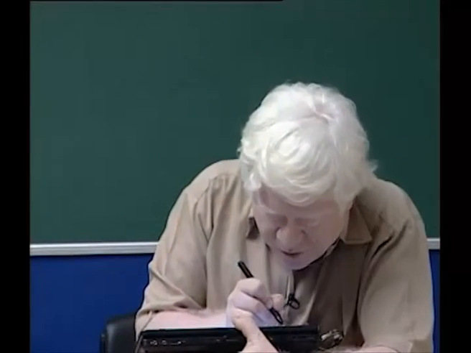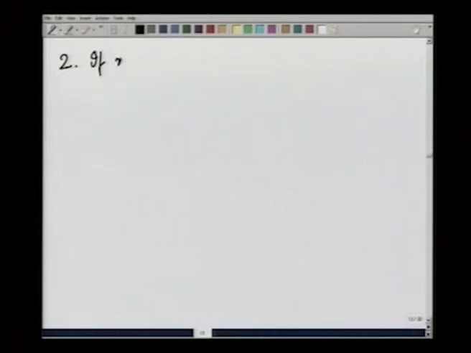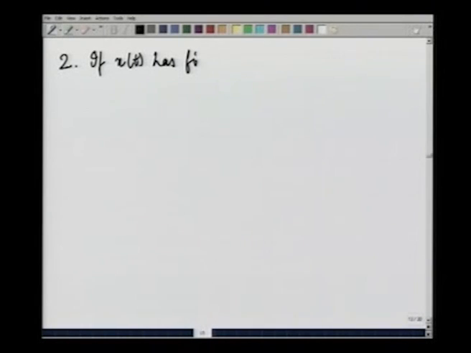These signals are called finite energy signals. So, if x(t) has finite energy, that is to say integral minus infinity to infinity of mod x(t) squared dt is finite, then so many things happen.